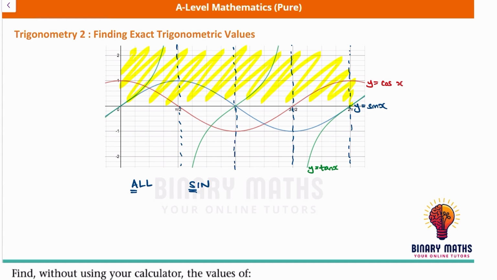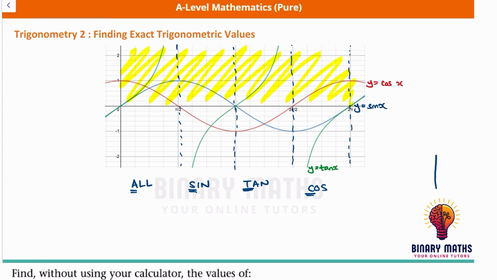Between 180 and 270, the green graph is above the axis, so only tan is positive there. And between 270 and 360, you can only see the red graph above the x-axis, which is cos. So only cos is positive between 270 and 360.